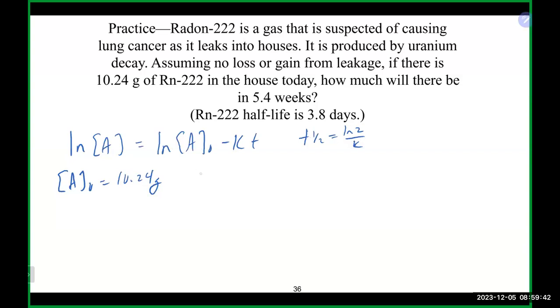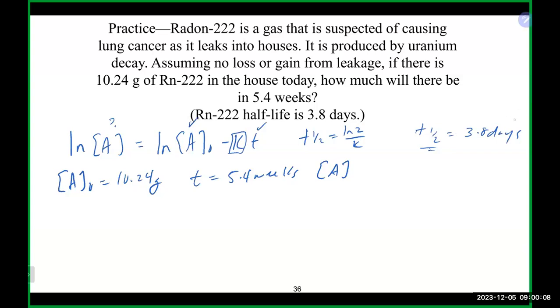And we want to know after 5.4 weeks, how much will remain. We do have the half-life given to us as well, which is 3.8 days. So here again, we do have the time, and we're looking for the amount. We again are missing the decay constant, but we are given the half-life, so we're going to use that equation to get it.